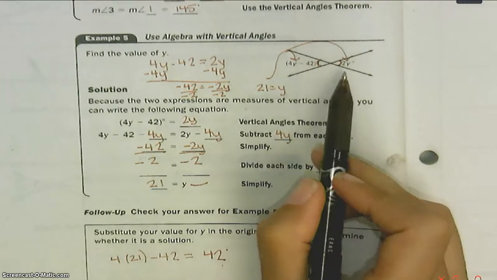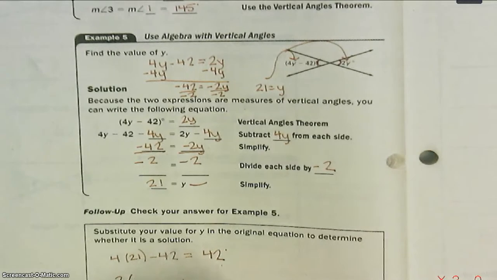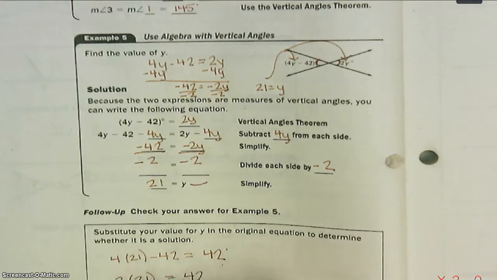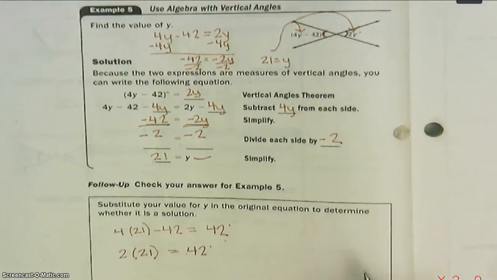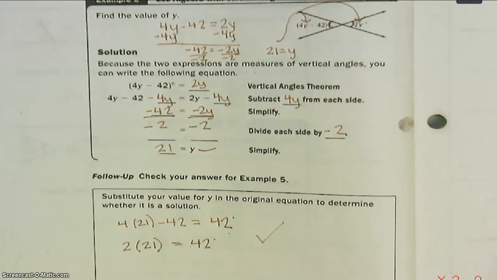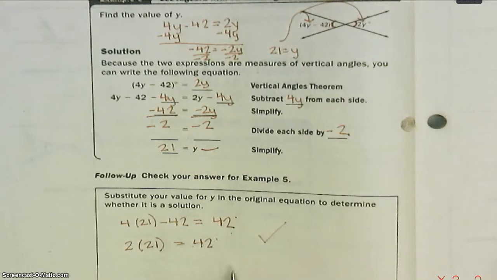When I plug y in here, I also need to get 42 degrees, because they were supposed to be equal. And 2 times 21 is 42 degrees. That checks out perfectly, because vertical angles are supposed to be equal, and they are.